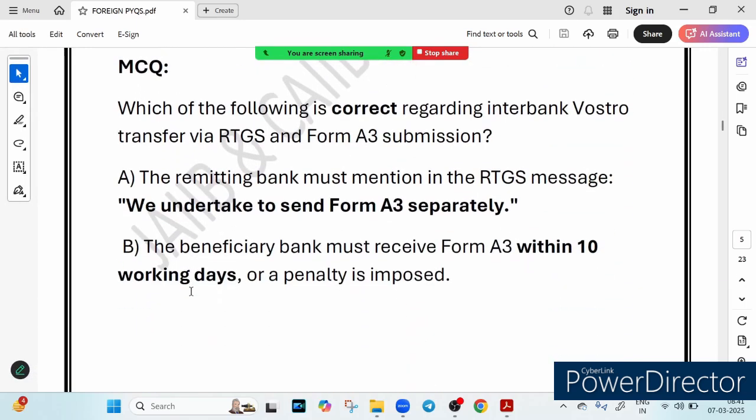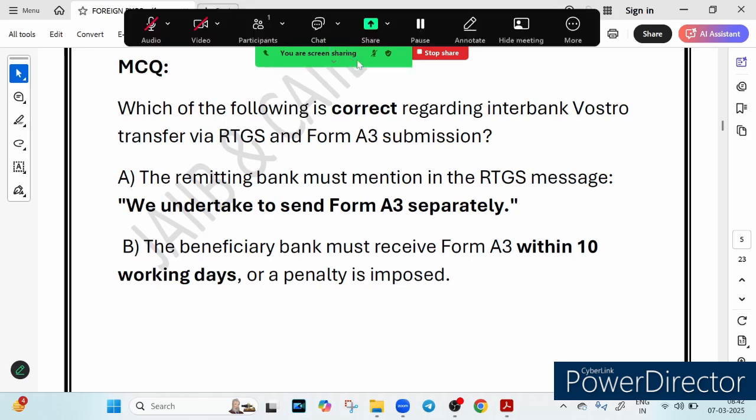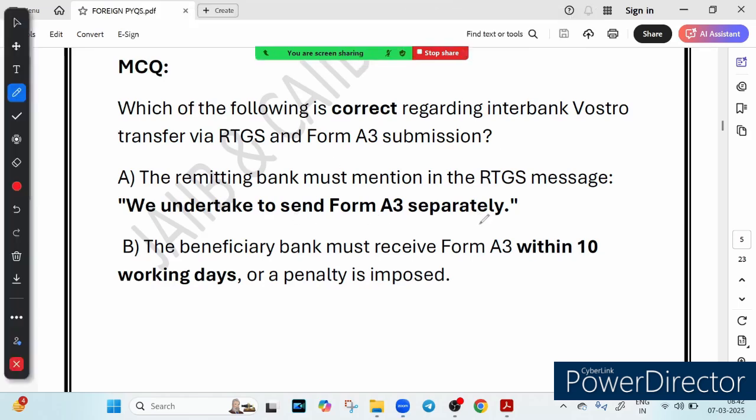The next question you can see on your screen. Friends, this question is about interbank Vostro transfer via RTGS and the submission of Form A3. Which of the following statements is correct regarding interbank Vostro transfer via RTGS and Form A3 submission? Option A, the remitting bank must mention in the RTGS message, we undertake to send Form A3 separately.